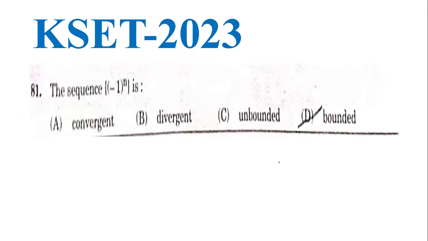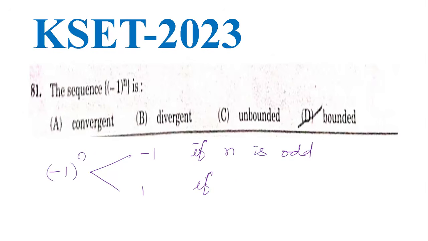KSET 2023 question. The sequence (-1)^n is -1 if n is odd and +1 if n is even, oscillating between -1 and +1.